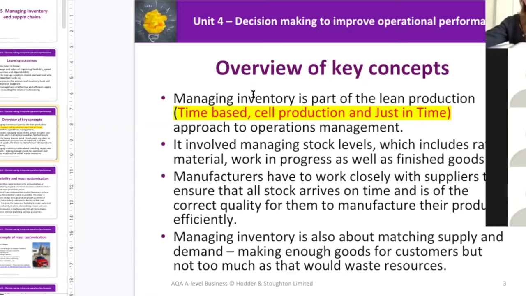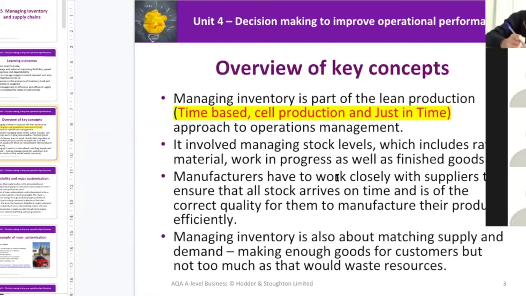Order. Yeah, if you put inventory in the factory and no one is ordering, you just put them there. It's not in use, and after a long time your inventory will go out of date. That's waste. So managing inventory is part of lean production, which is trying to reduce waste because that improves your operations performance.